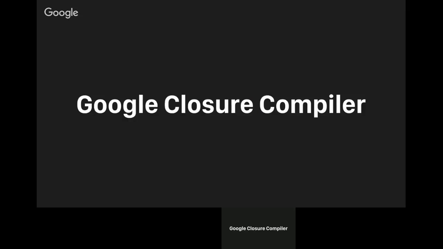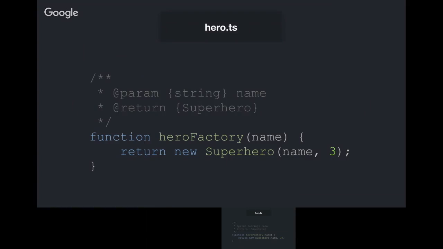However, it uses type annotations. And at the time when Google Closure Compiler was built, we didn't have TypeScript yet. So for providing type annotations, Google Closure Compiler is using JSDoc. And we can provide type annotations for our hero factory by saying in the JSDoc that we have a single parameter of type string called name, and we also have as return value something of type Superhero.